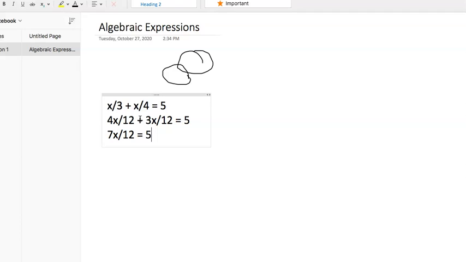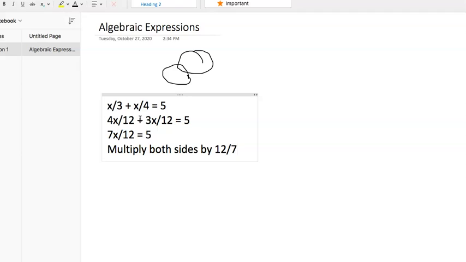That equals 5, okay? Now, all that's left, we have 7x over 12, and we want it just to say x, right? So now we multiply by the inverse. So multiply both sides by 12 over 7, right? And 12 over 7 times 7 over 12 equals 1. That means we're just left with x.